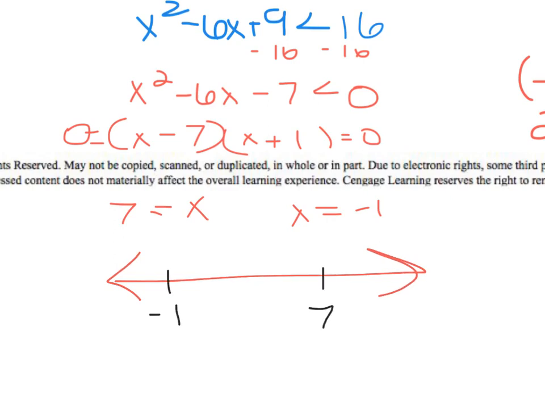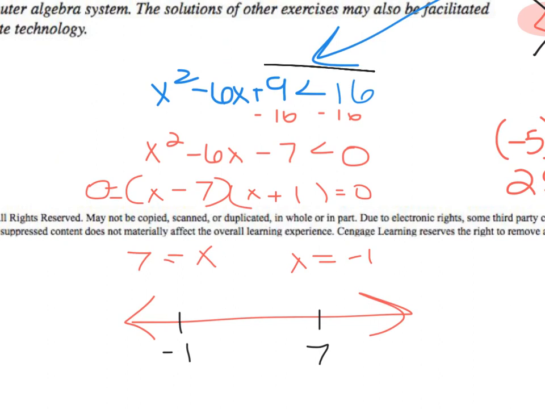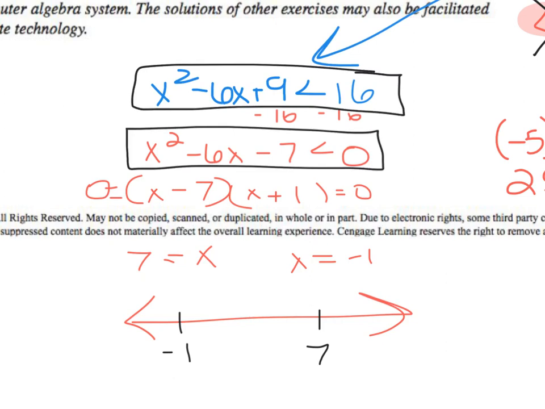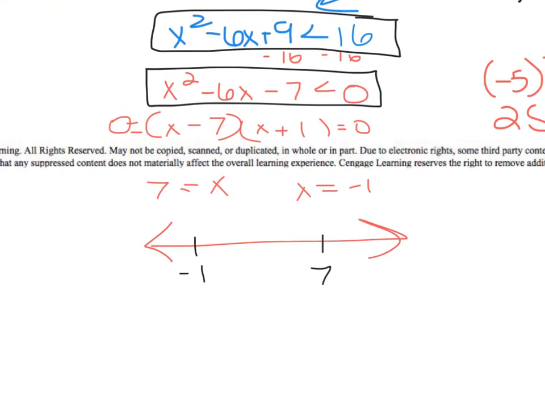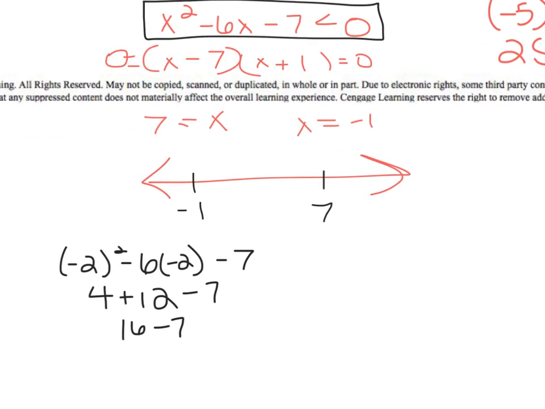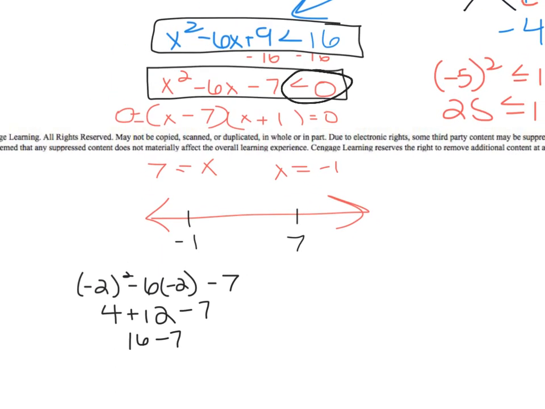I'm going to plug in points left of -1 into either this original statement or into it after we subtracted the 16. It doesn't matter where you plug it in. So if I plug in -2, I get 4 plus 12 minus 7, 16 minus 7, which all I need it to be is less than 0.